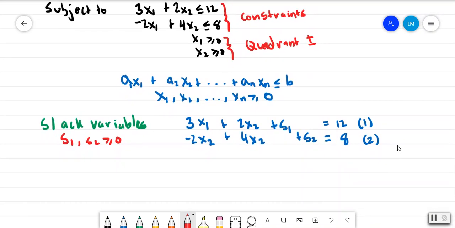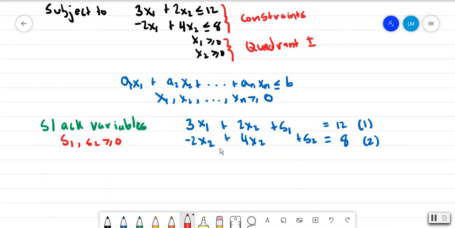Now, these slack variables have to take up the slack to ensure equality. So for instance, if x1 was equal to 0, and let's say that x2 was equal to 2.